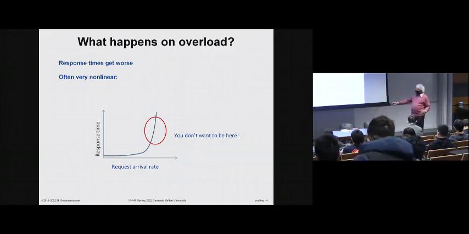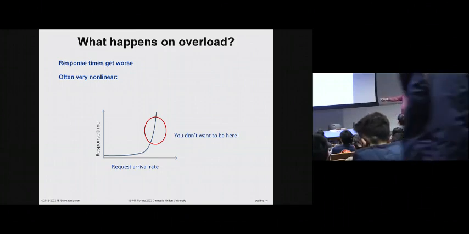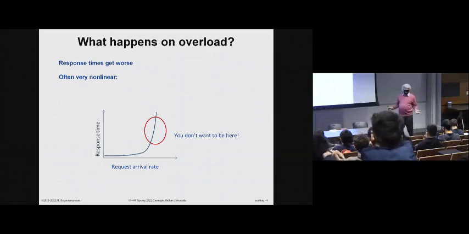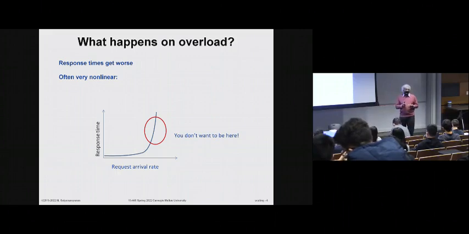And then all of a sudden, as you get close to the knee of this curve, things start getting very bad very quickly. And once you're up here, life is miserable. So the question is, how do you make sure that your system always is operating in this portion rather than getting beyond the knee? Okay?